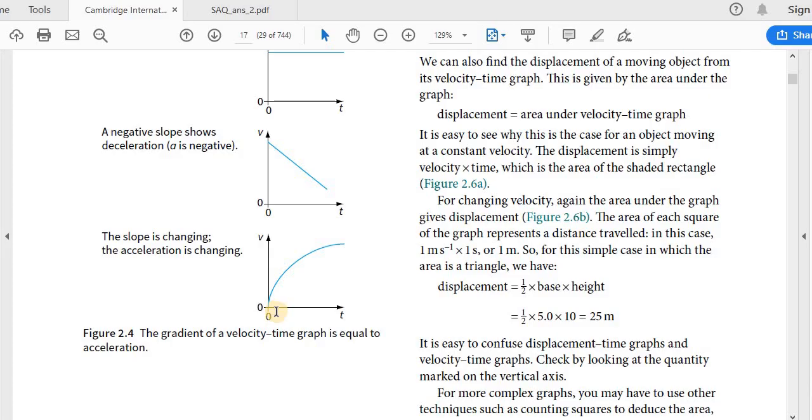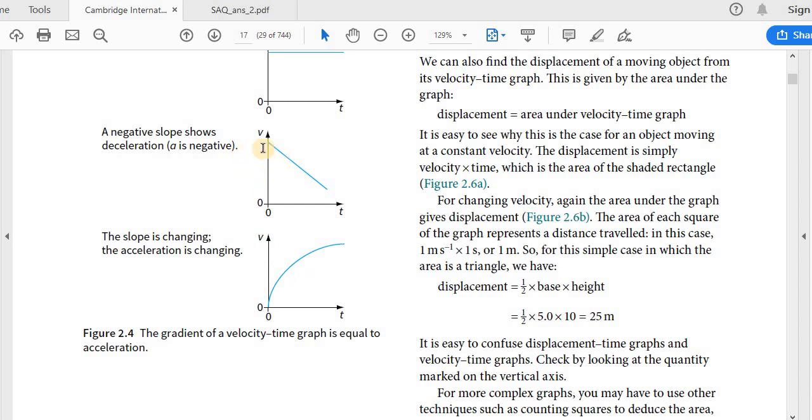Negative acceleration means speed decreases. So here the gradient is positive, and that means there is acceleration, but the acceleration is decreasing. If there is acceleration, the velocity should increase. So make sure you understand this. Over here the acceleration is decreasing, but the velocity is increasing, because there is a positive acceleration.